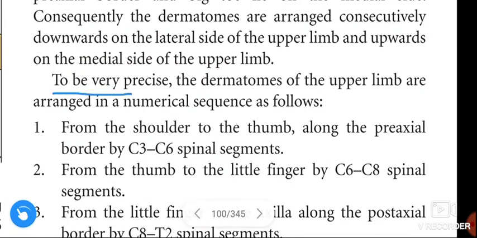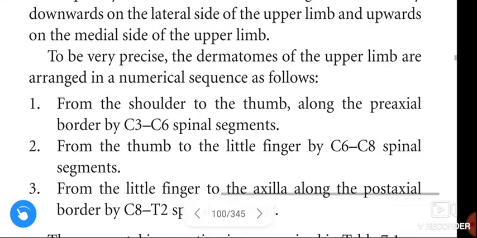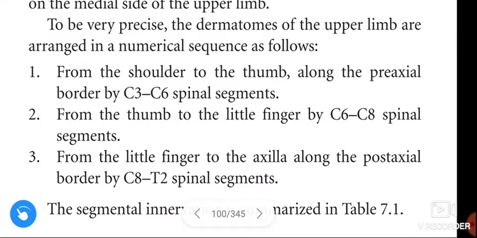To be very precise, the dermatomes of the upper limb are arranged in a numerical sequence as follows. First, from the shoulder to the thumb along the preaxial border by C3 to C6 spinal segments.